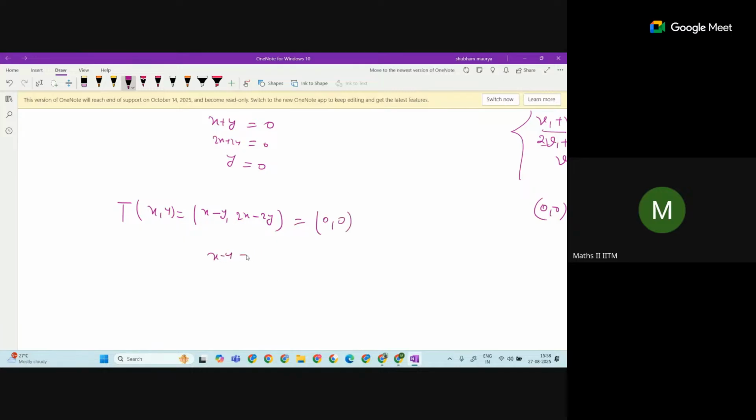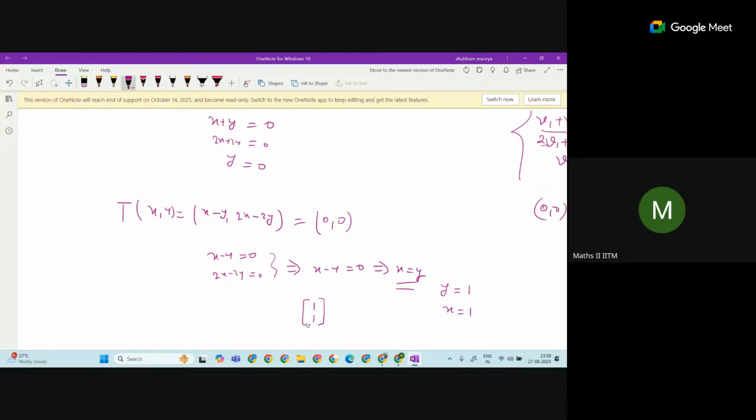It means x minus y is equal to 0, 2x minus 2y is equal to 0. Both combined give x minus y is equal to 0, that means x is equal to y. This tells you the system has infinitely many solutions, so you can assume y is equal to 1. So x is also 1. This will give a vector (1, 1).